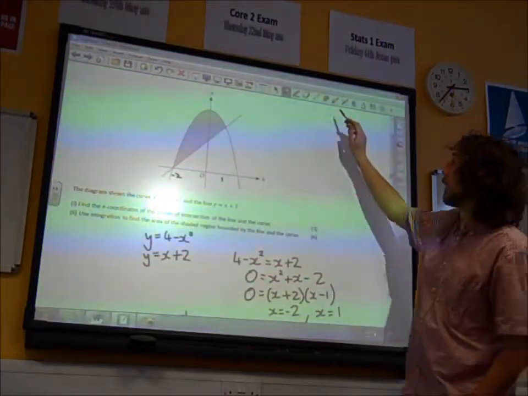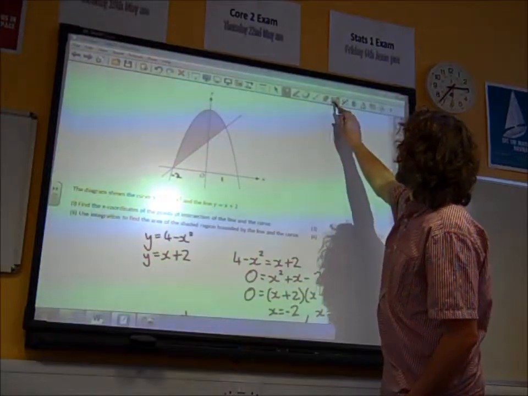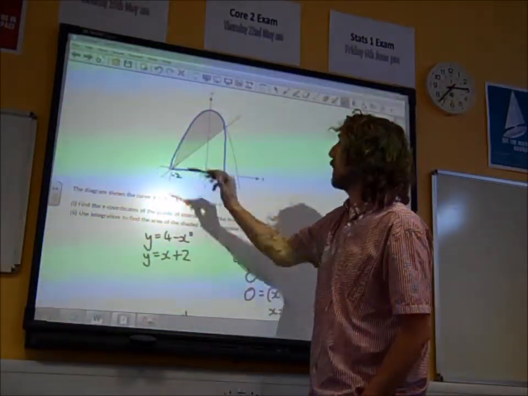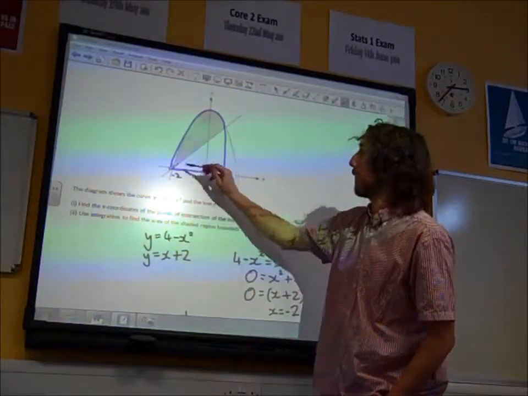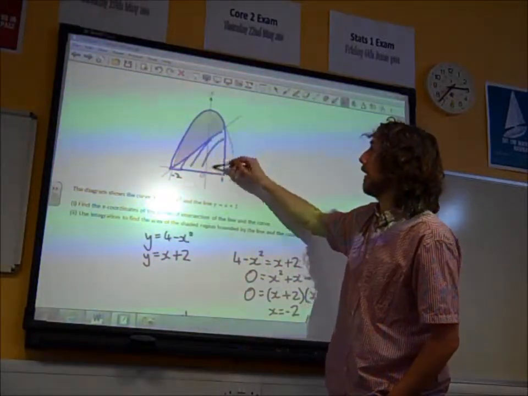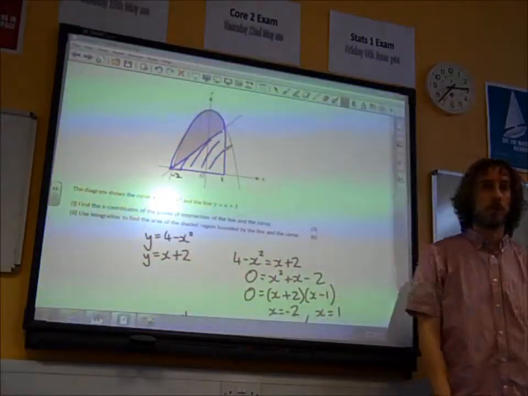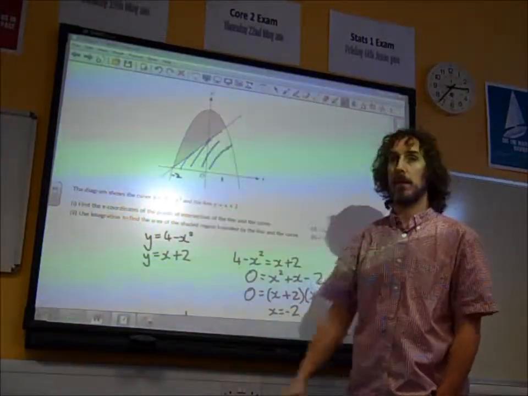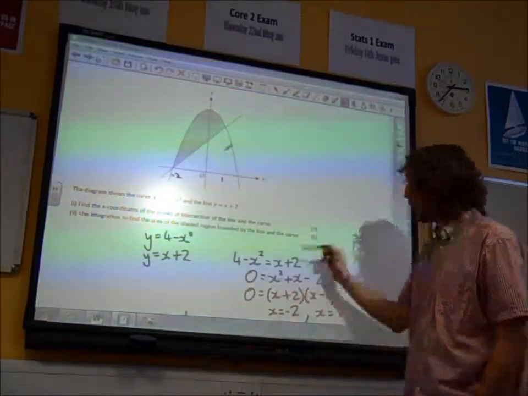Can you see what we're doing there? The integral is the whole of that shape, and then afterwards we're finding this shape in here, and we're taking away the bottom shape from the whole thing, and that leaves us with the shaded bit up there, which I think is pretty neat.